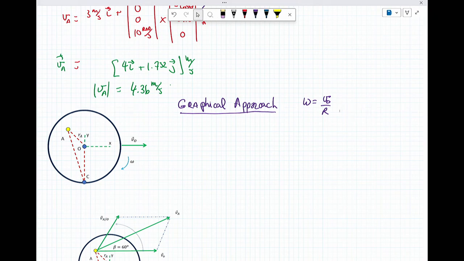Now, that's the same omega that I just solved for. So in the two parts of this problem, what you'll notice is that I'm not getting new answers. I'm just getting the same thing again. Now, if I do that and I want to solve for V_A, all I really wanted was this, and this is R. So there you go.